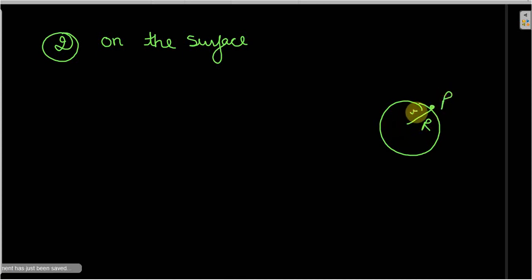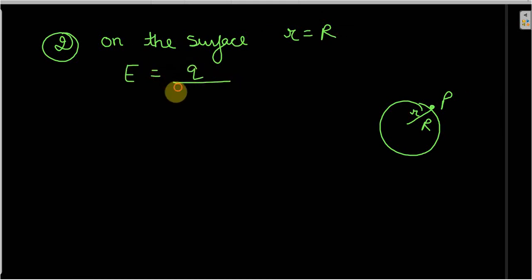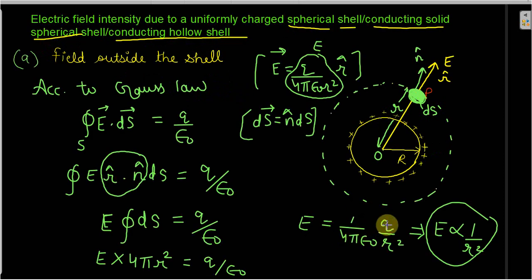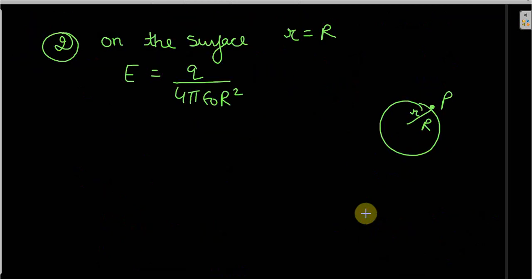So you can write r is equal to capital R. In that case your field will be maximum. You can replace small r with capital R in the previous equation. You have to replace the small r square with the capital R square.